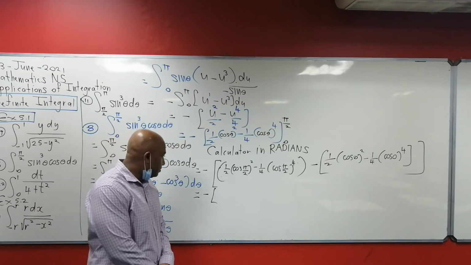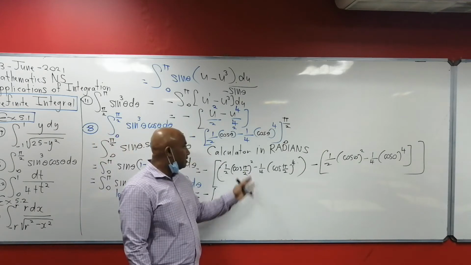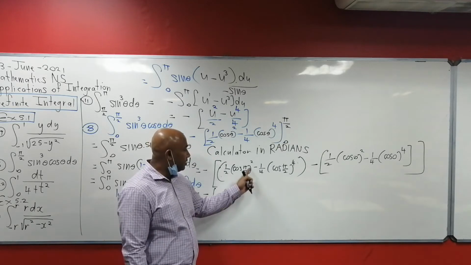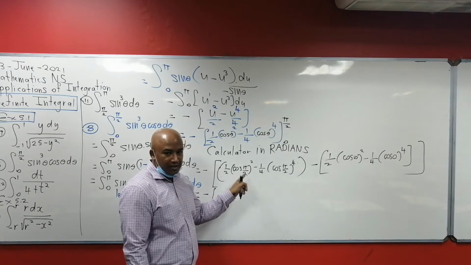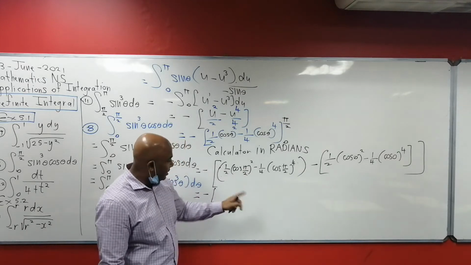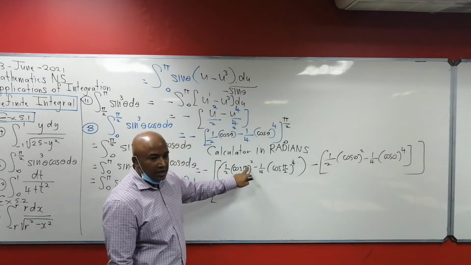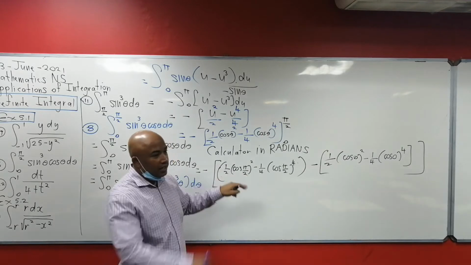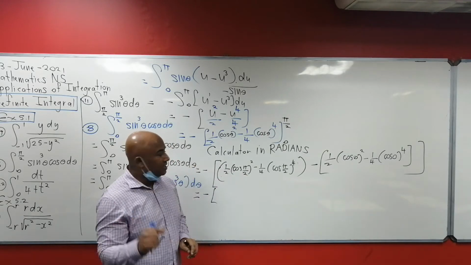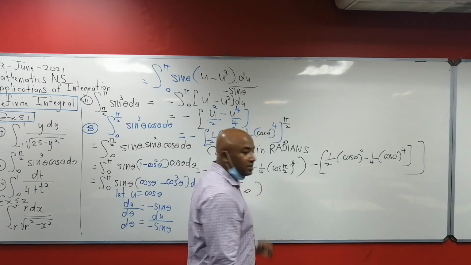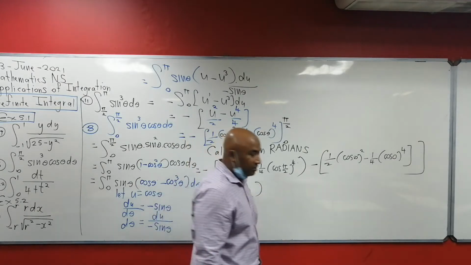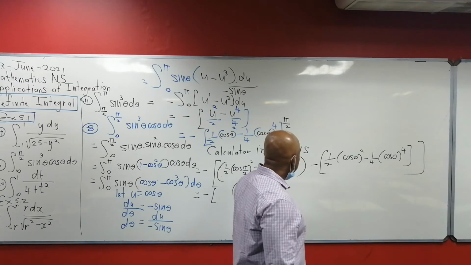Right, so here, from my trig graphs, I know, if you know your trig graph, then you can work this out without a calculator. We know that pi over 2, 180 divided by 2 is 90. I know from my trig graph that cos of 90 is 0, so that's a 0, that's a 0. First thing, 0. You got that? You get a 0 there? Yeah.